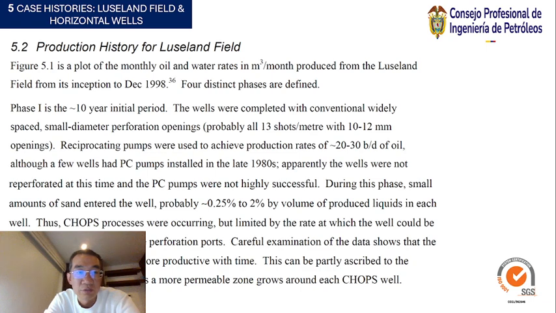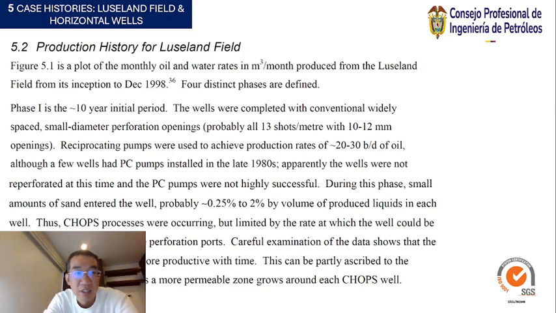Although a few wells had PC pumps installed in the late 1980s, apparently the wells were not perforated at this time, and the PC pumps were not highly successful.